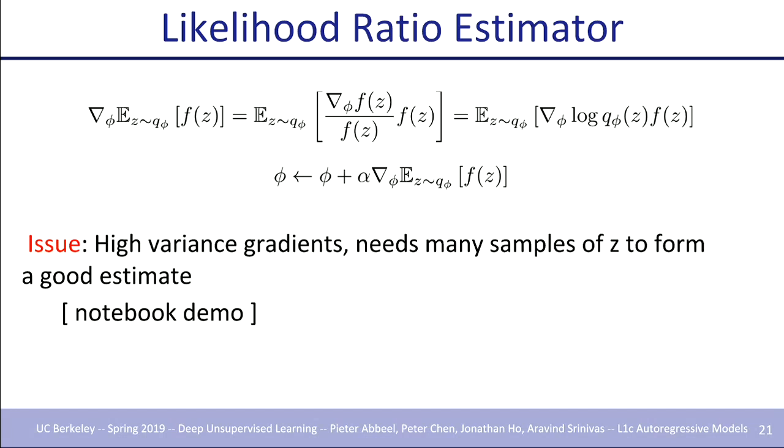First of all, the gradient of the expectation is the expectation of the gradient, modulo all mathematical requirements. Then you multiply and divide, and you get the grad log probability of, actually there's a typo here, it should be grad log q phi of z. So we'll correct it.